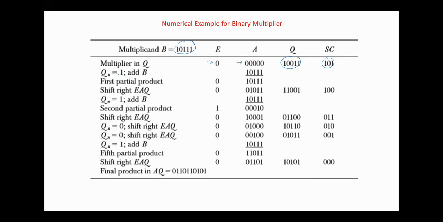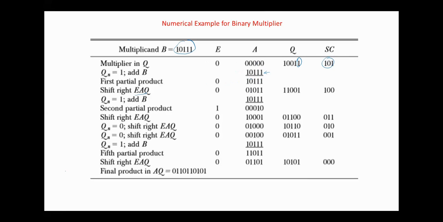Next, we inspect the least significant bit in the multiplier. And since it is 1, we add B to A here. And this is the first partial product.